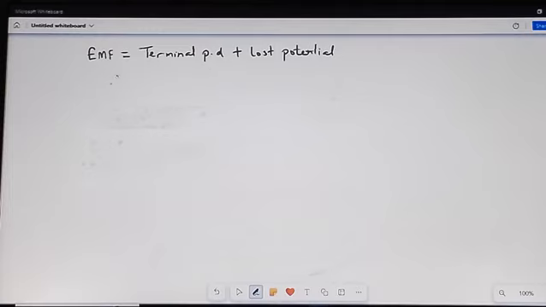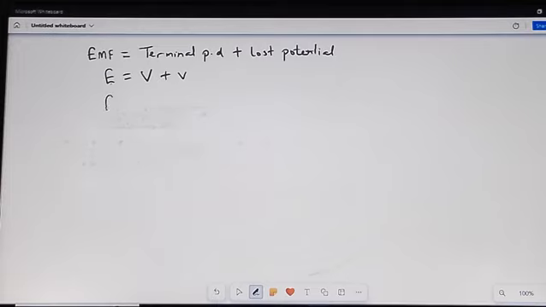For short, let us use capital E to represent EMF. We use capital V to represent the terminal potential difference, and we use small letter v to represent the lost potential or the potential drop of the cell.